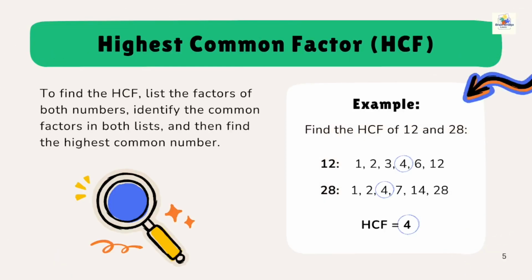Now let's move to highest common factor. As we learned what a factor is earlier, so let's see. To find the HCF, list the factors of both numbers. Like if we are doing 12 and 28, first we will list out the numbers that fully divide 12 and 28. Then we have to identify the common factors.